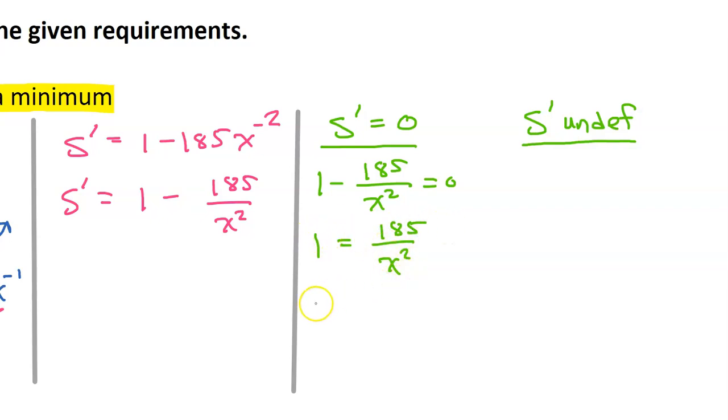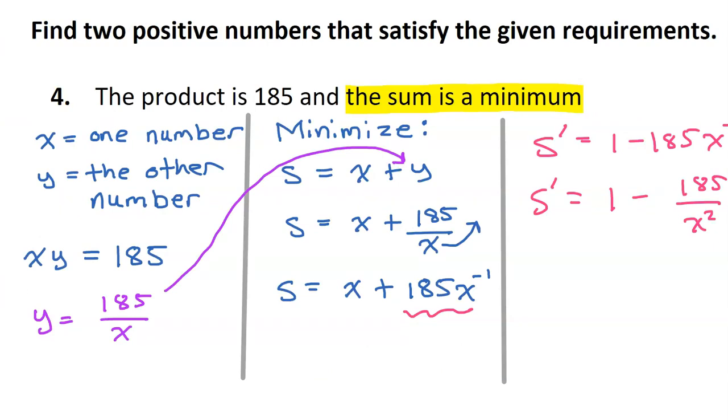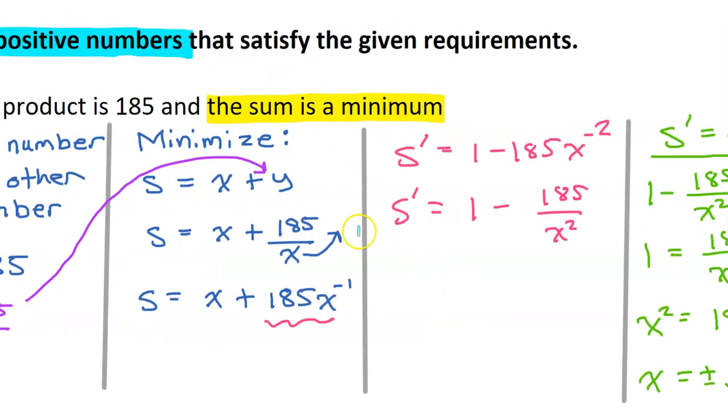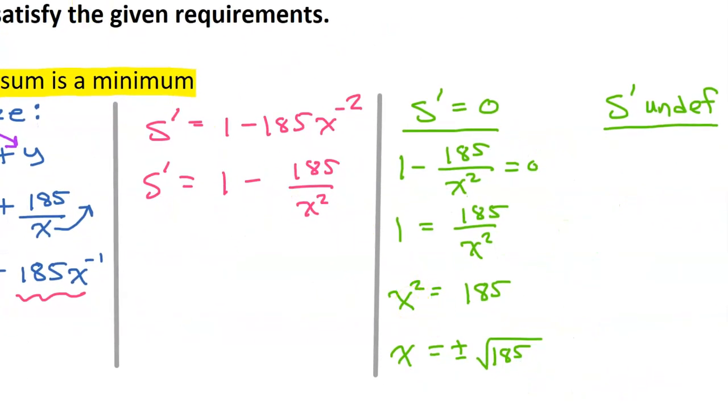Multiplying both sides by x squared, I get x squared is equal to 185. Taking the square root of both sides, I get x is equal to plus or minus the square root of 185. But the directions say find two positive numbers. So we will disregard the negative and just say x is positive square root of 185.